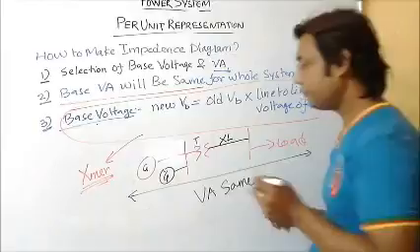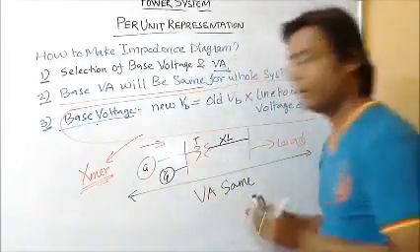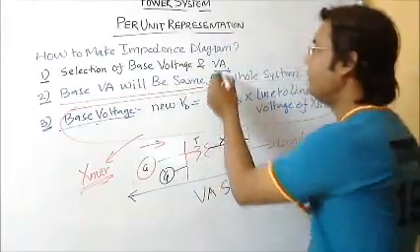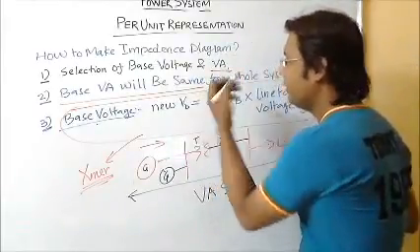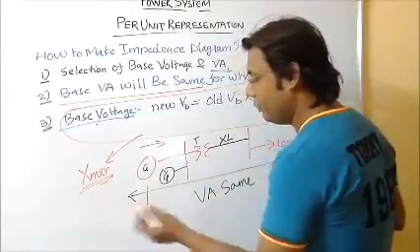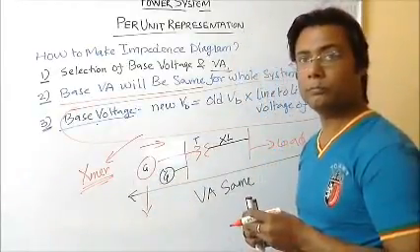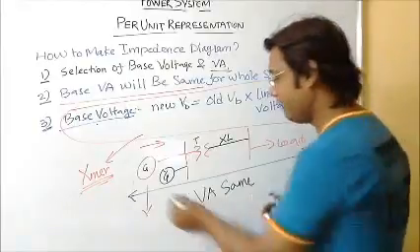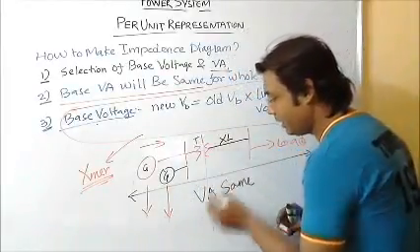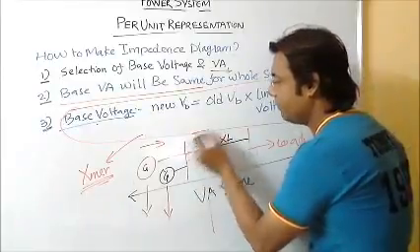So when I am going from here to here, the generator base would be changed according to the selected VA we have taken. I will be finding the new Z per unit on this basis. For this, the transformer ratio will come over here.